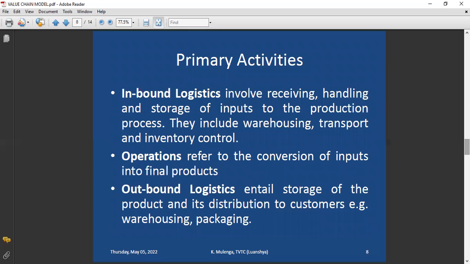merchants. So under primary activities, inbound logistics involves receiving, handling, and storage of inputs to the production process. They include warehousing, transport, and inventory control. Operations, we're talking about converting inputs to final products. Then we have outbound logistics, which is essentially product distribution to customers, so talking about warehousing and packaging.